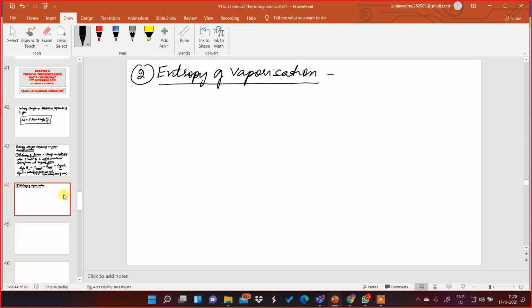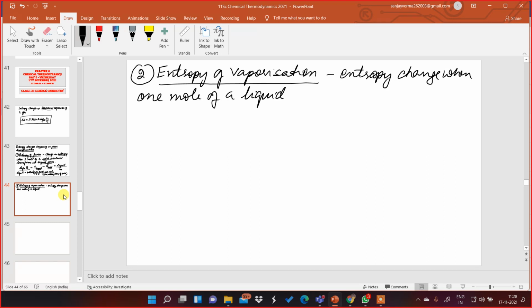Entropy of vaporization means the entropy change when 1 mole of a liquid changes into vapor at its boiling point.